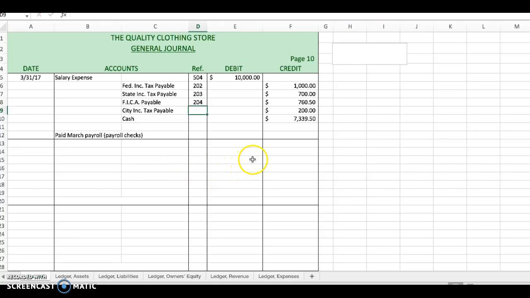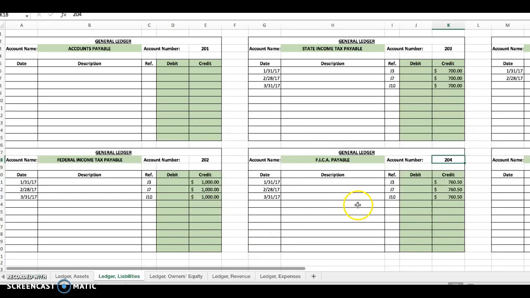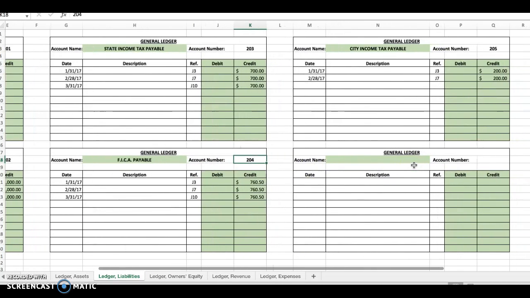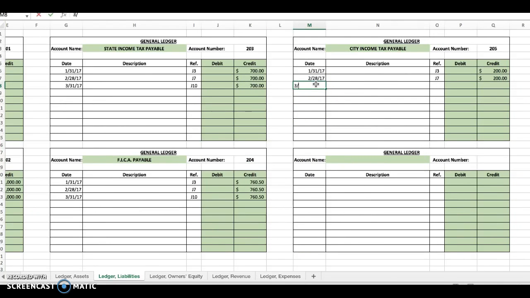And finally, city income tax is another liability for 200. I need to credit that in the liability section. So I find the city income tax, 331.17. And again, 200 was the amount. Journal page was J10.